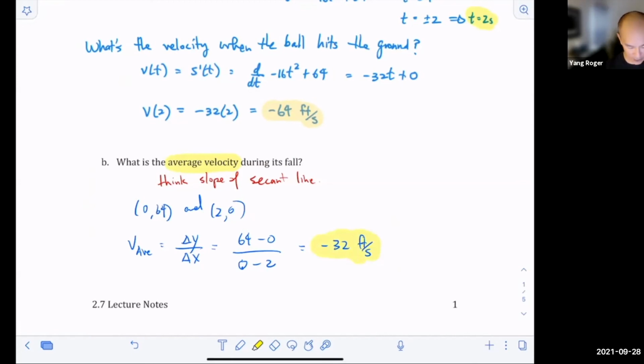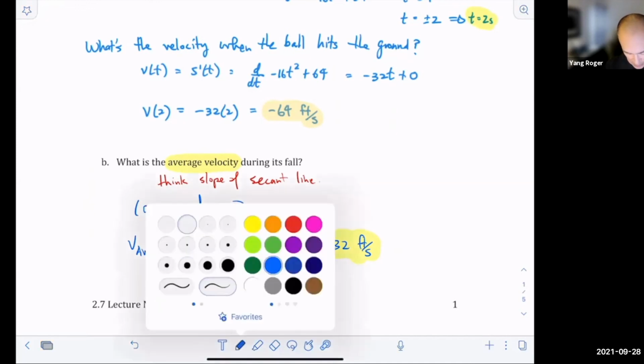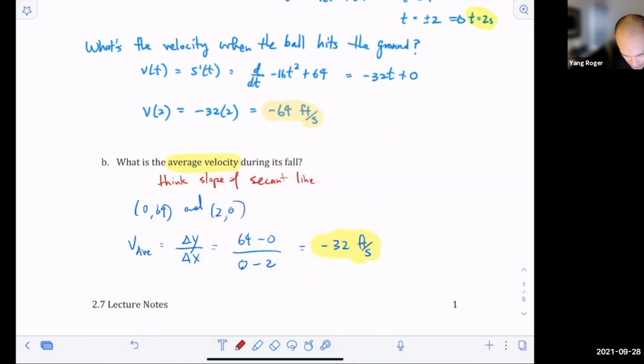I want to discuss for a second the fact that this is negative. Does that mean anything to you? What's the deal with this being negative? Any thoughts? What do you think that negative velocity means?